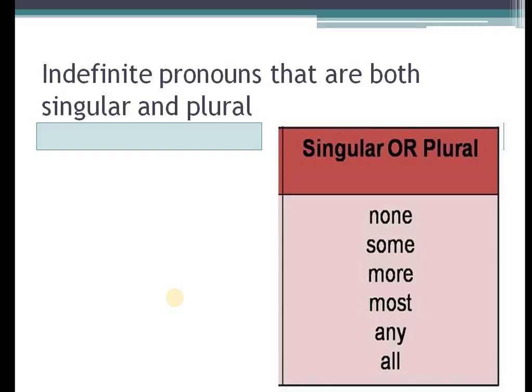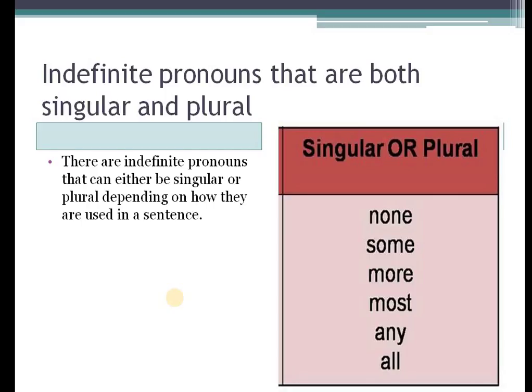These are none, some, more, most, many, all. They can be either singular or plural depending on the sentence in which they're used.